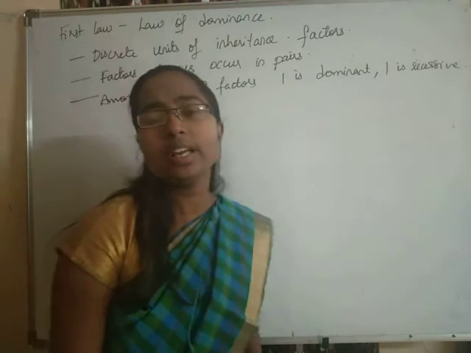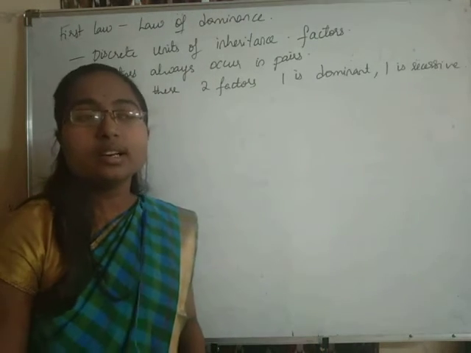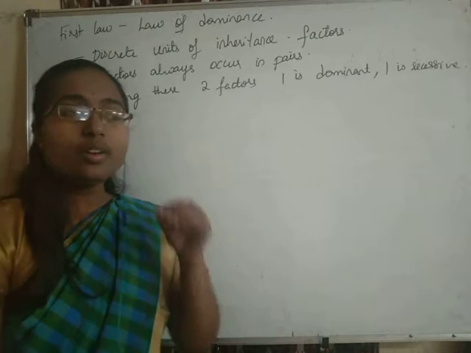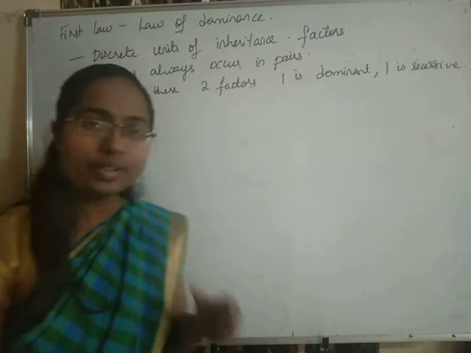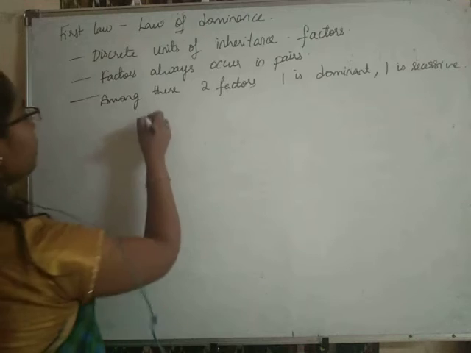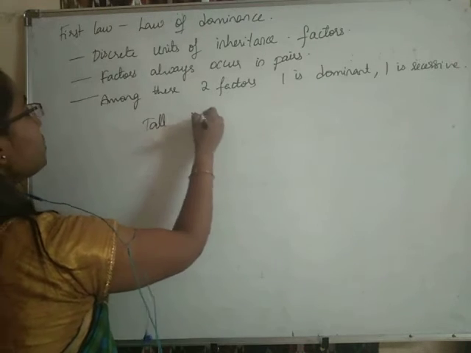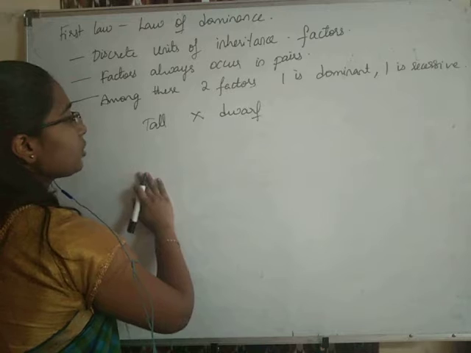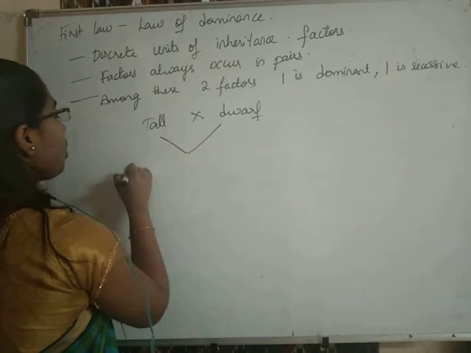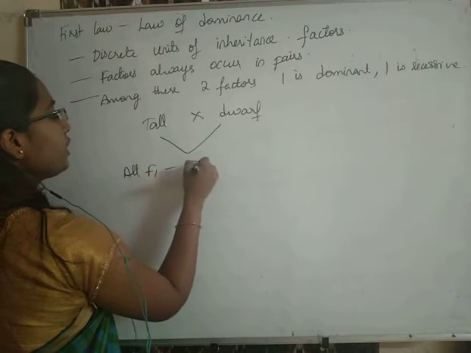See students, how he made these observations from the earlier crosses. We will take the same tall plants into consideration. When the tall plants were crossed with the dwarf plants, all F1 individuals were tall.